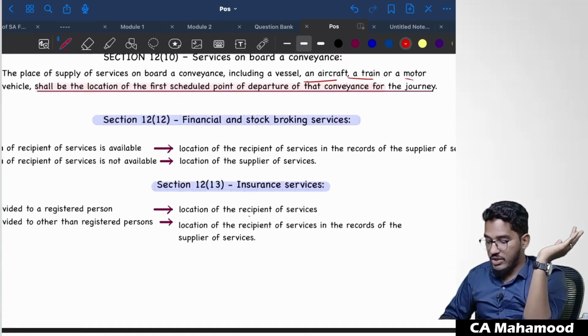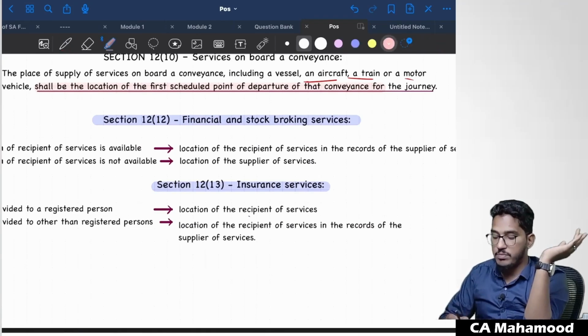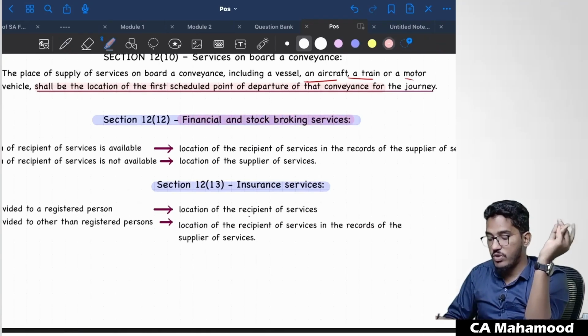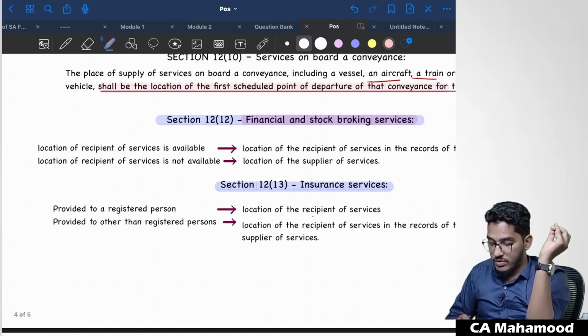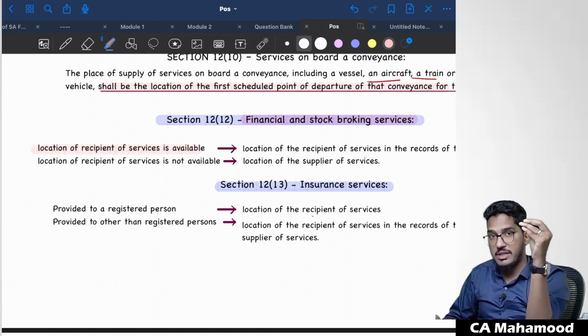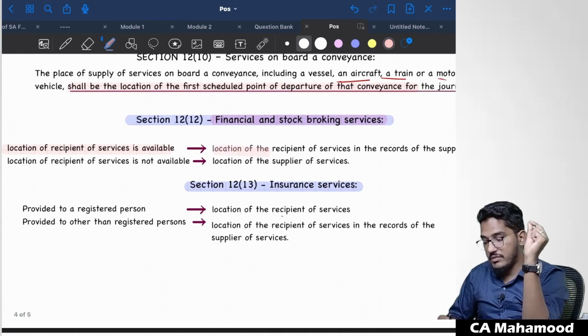Now let us have a look at 12 subsection 12, financial and stock broking services. What about the place of supply for financial and stock broking services? Here also we need to check: is the location of the recipient of the services available in the supplier's records? Is the supplier maintaining a database in which the location of the recipient is maintained? If yes, then the location of the recipient of service will be the place of supply.